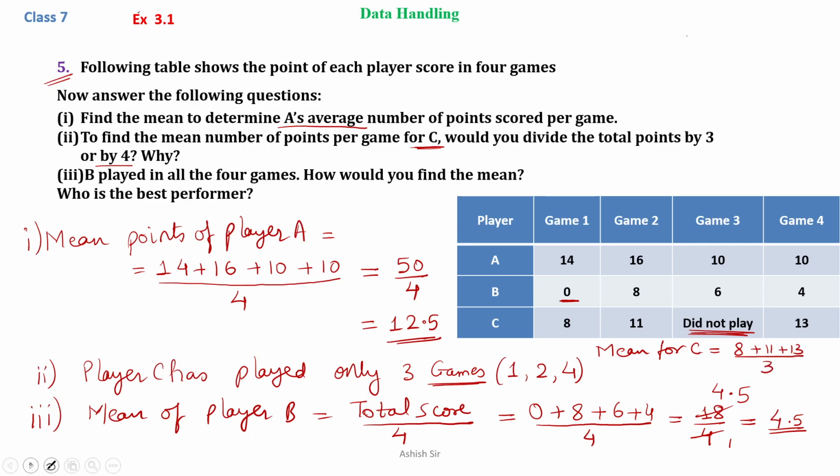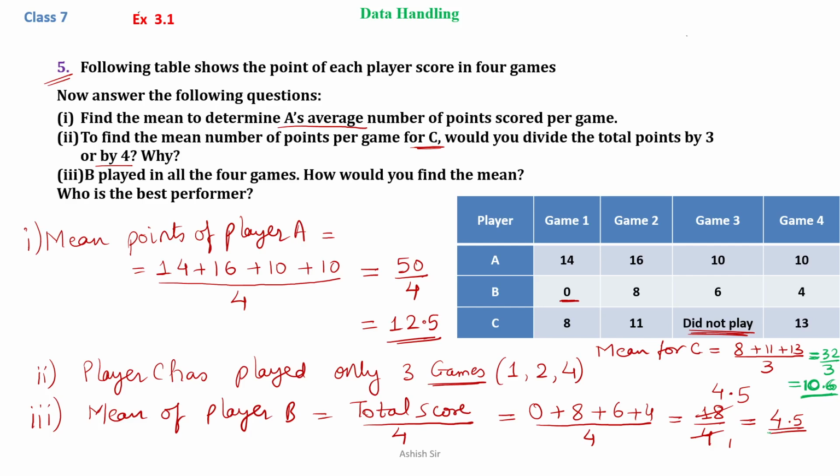So we get the total: 11 and 13, 24, 24 and 8, that would be 32. 32 by 3. If we divide it, what we get is 10.6. So the average score of player C is 10.6.